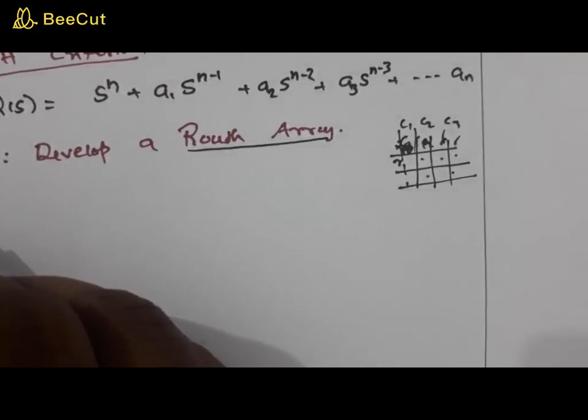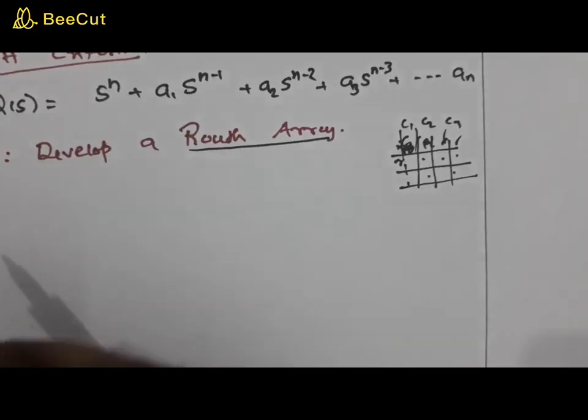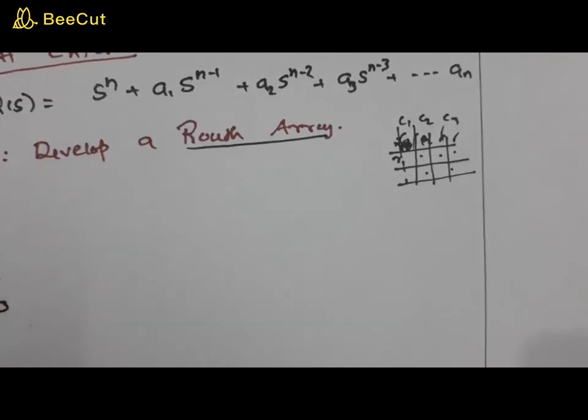You may write like this: s raised to n, s raised to n minus 1, in the descending order of the powers, s raised to n minus 2, s raised to n minus 3, and it goes on up to s raised to 0.